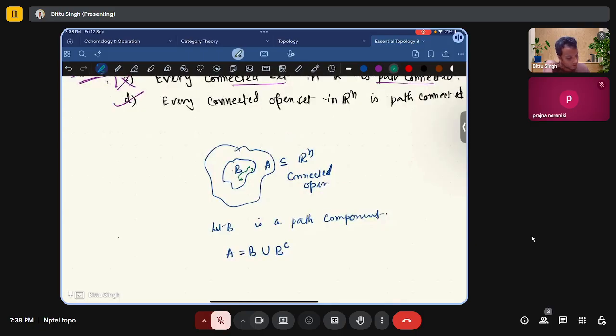If we write B as the path component of some point X, then any other point Y can be joined by a path like this.